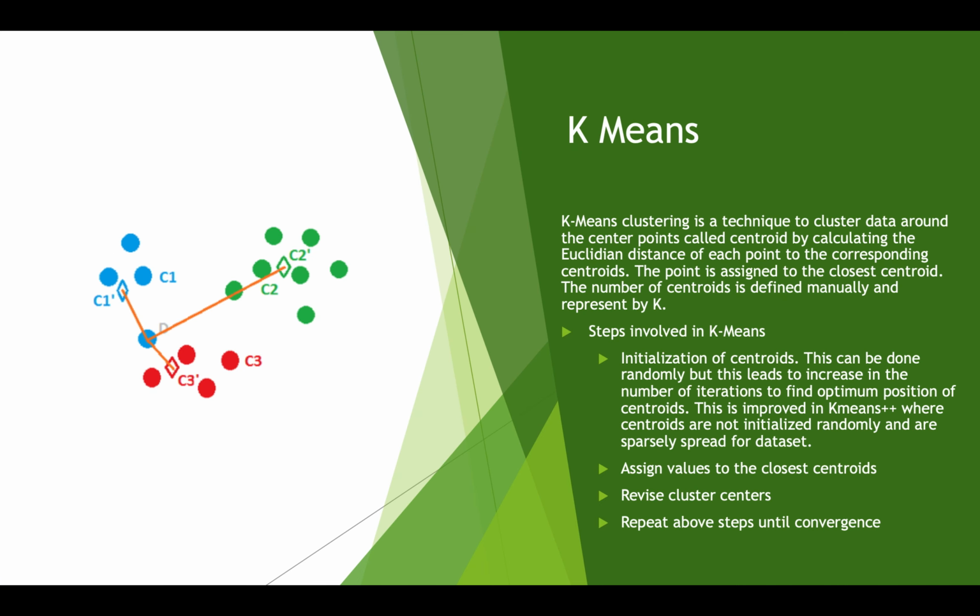Moving ahead, the first is k-means clustering. K is the number of clusters that we want to separate the data set into, and it is a technique to cluster a data set around the center points that are called centroids. This is done by calculating the Euclidean distance between the centroids and each of the data points, and the point is assigned to the centroid which is closest to that particular point.